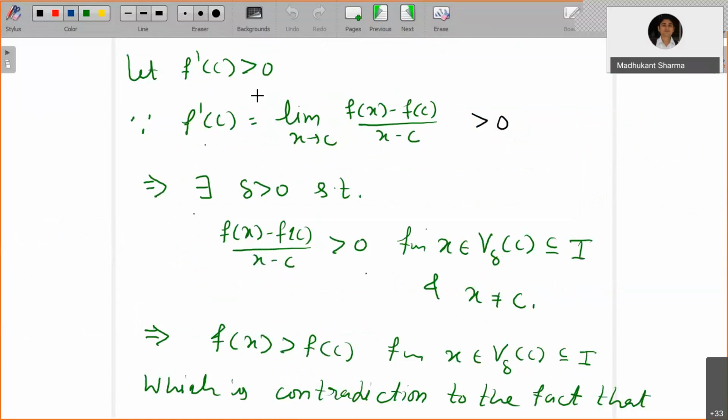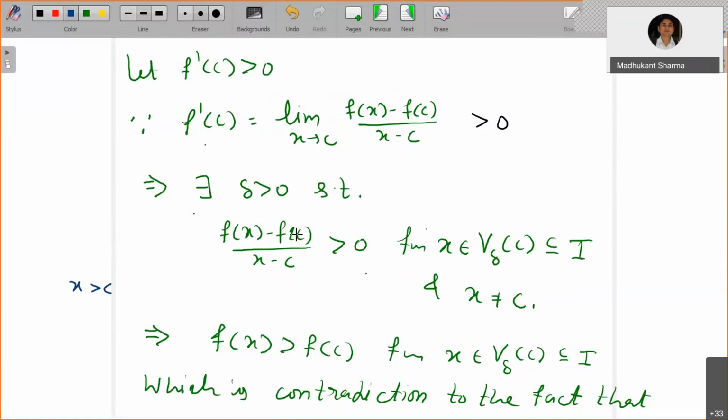We start with this, then there exists a delta such that this happens. Whenever x is not equal to c, this is greater than 0, in some deleted neighborhood of c. Now look at the case x greater than c, meaning x minus c is positive. That will force f of x minus f of c to be greater than 0, meaning f of x is greater than f of c.